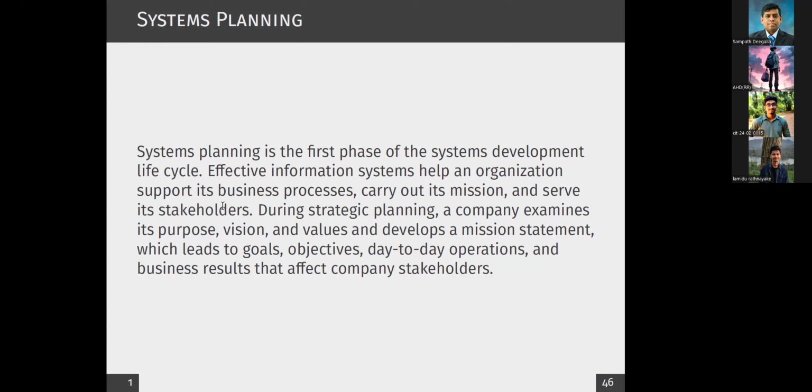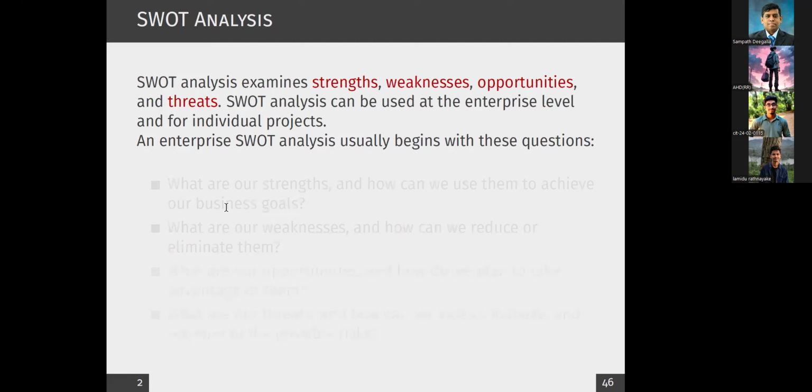For example, a university may have a vision of becoming the number one non-state university in Sri Lanka. To meet that, you set different goals and objectives, which boil down to day-to-day operations, such as improving the quality of our delivery. Finally, it should affect all the stakeholders, like the students, lecturers, parents, and investors. That's about the initial planning.